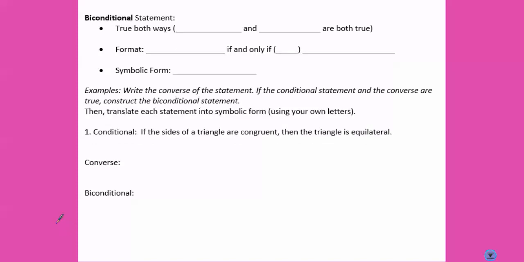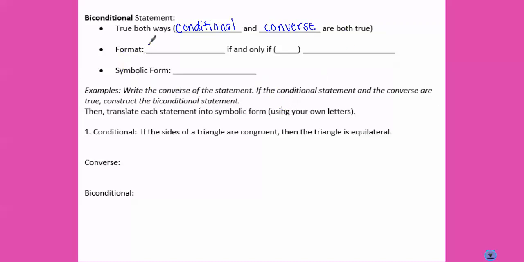A biconditional statement is true both ways, meaning the conditional and the converse are both true.